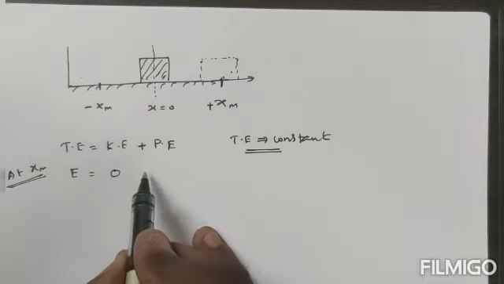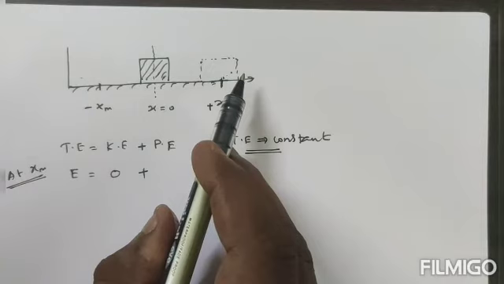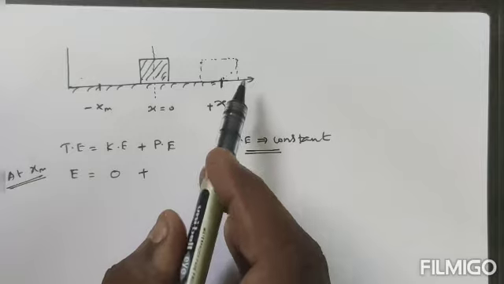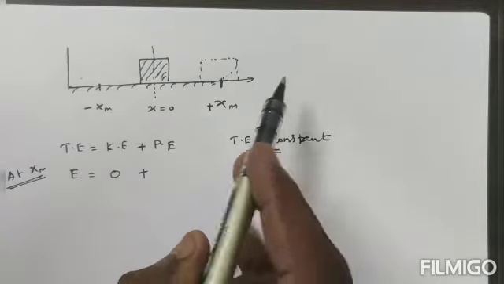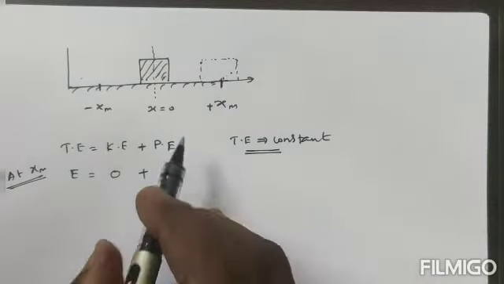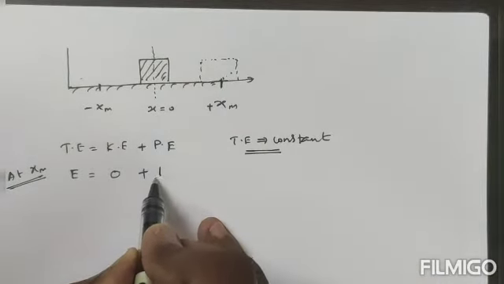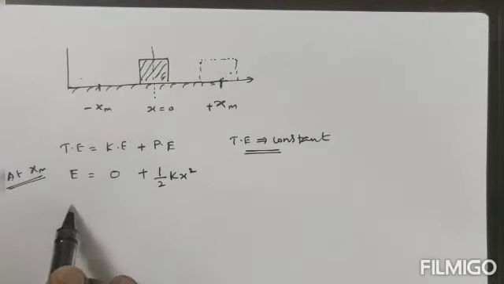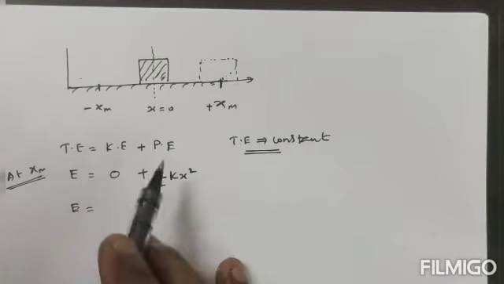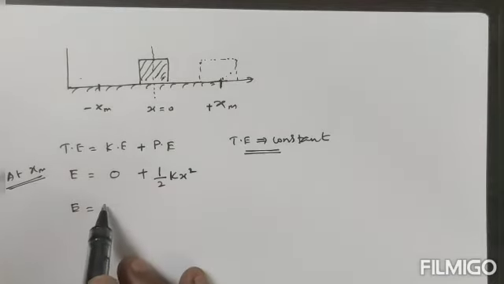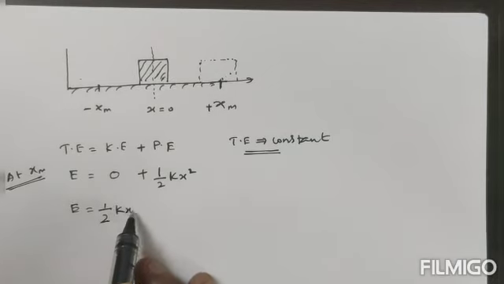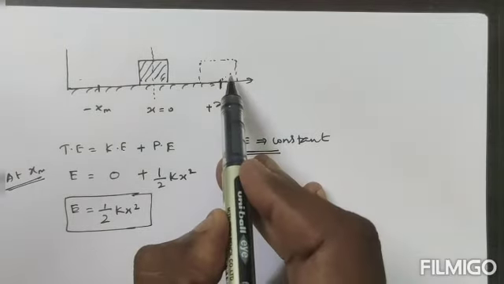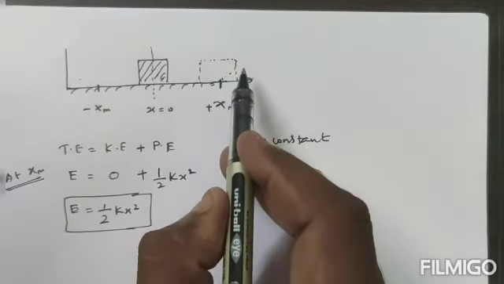But the potential energy is there. So the potential energy of the system is the energy value we take, that is half k x squared. For the total energy we can write just this magnitude, no need for the plus or minus sign. So the total energy at the maximum position is half k x squared.